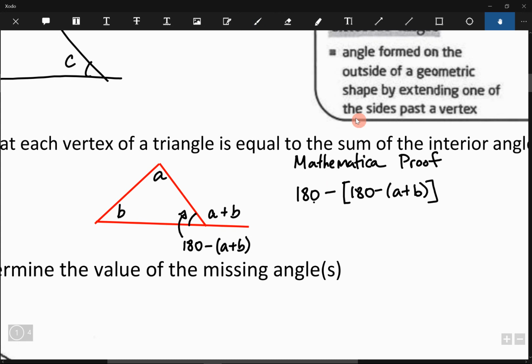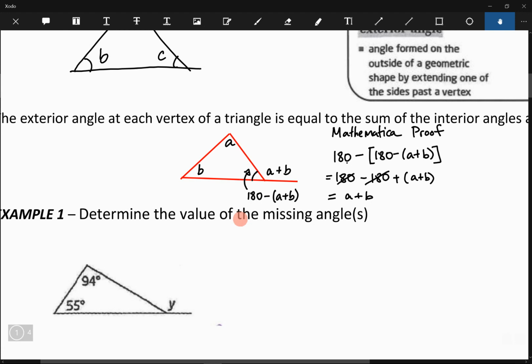On my next line, the 180 comes down. Don't forget there's a minus sign in front, so that changes the signs inside, as if I'm distributing a -1. So I have 180 minus 180, negative times negative is positive, plus A plus B. Right away, you can see that the 180 and minus 180 cancel each other out, and I'm left with A plus B, as I already said in the rule. So the rule is A plus B is the exterior angle.